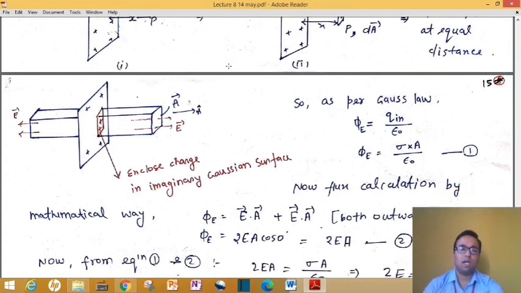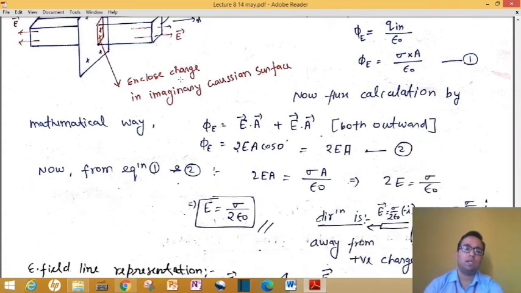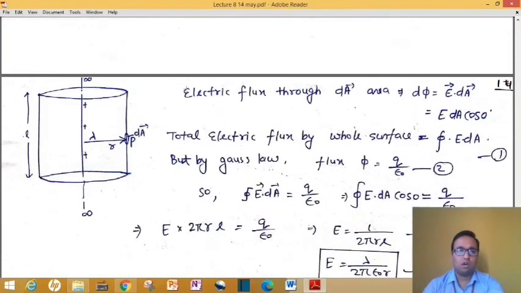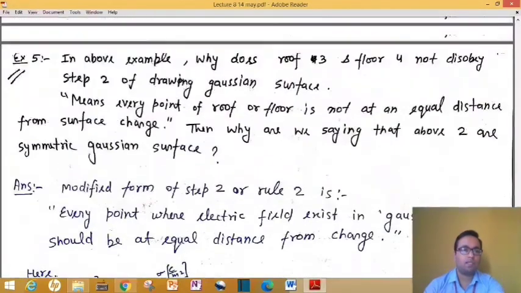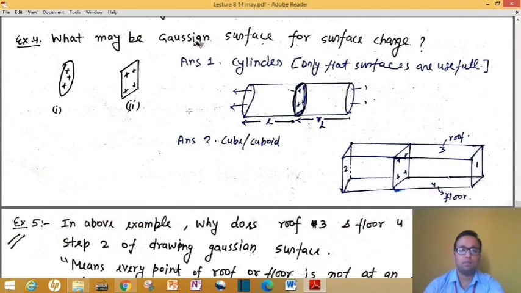In the next lecture I will finish this chapter, and after that I will tell you some more questions asked in board exams. So now see how many questions we can do. We have to solve examples till example number 6.